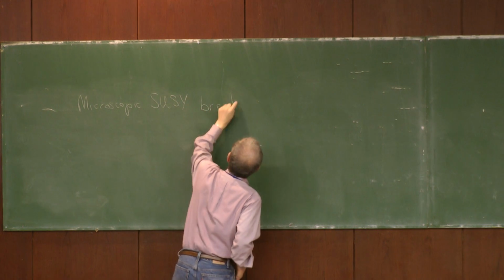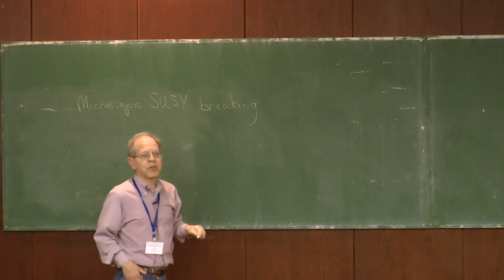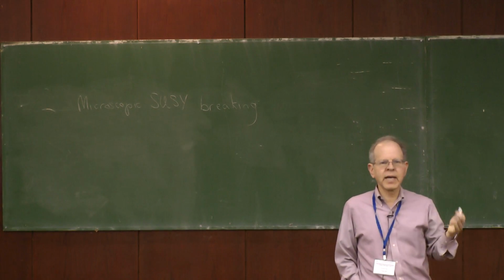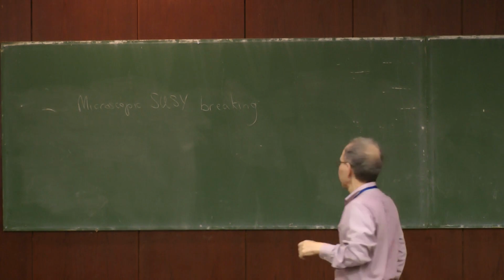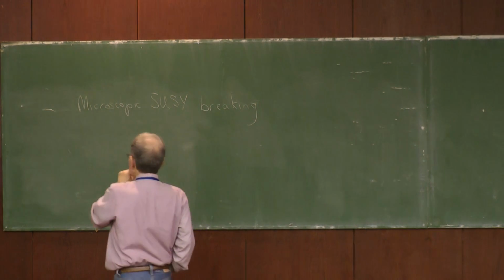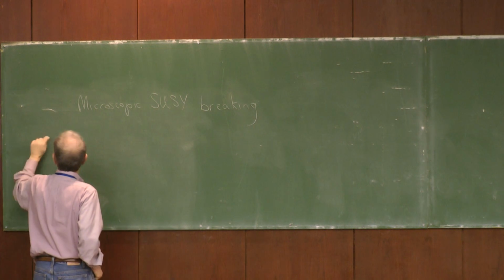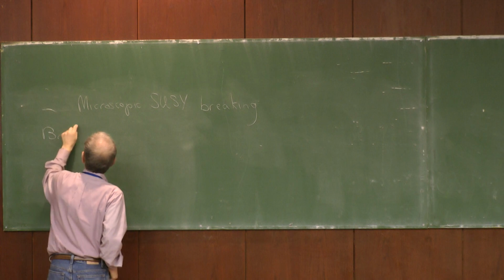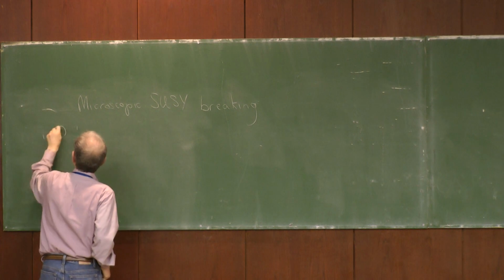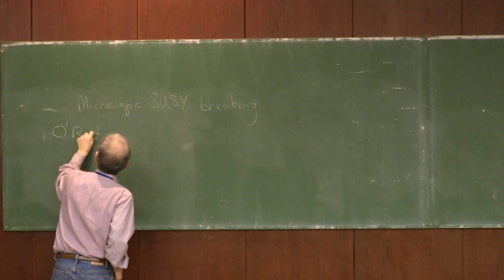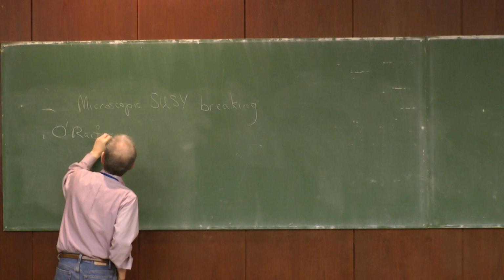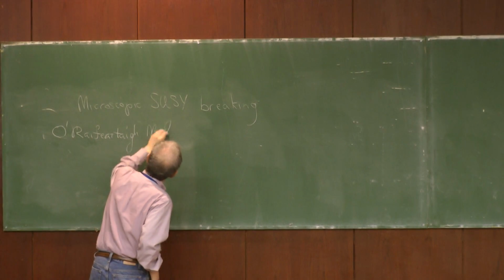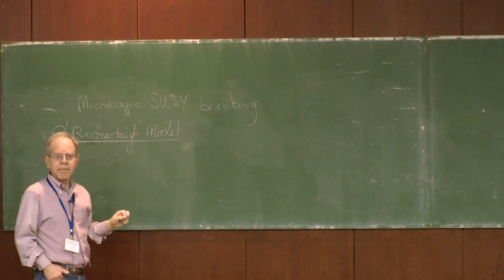So far, when I introduced the general supersymmetric Lagrangian yesterday, I talked about some simple examples of models which were supersymmetric. But I didn't talk about breaking supersymmetry. So the simplest model that breaks supersymmetry is called the O'Raifeartaigh model.